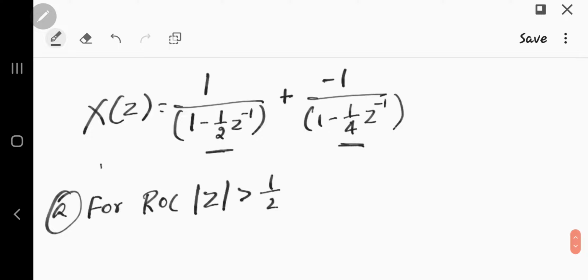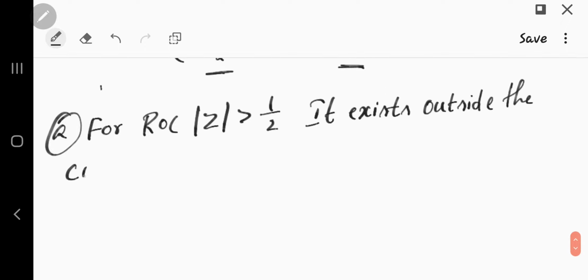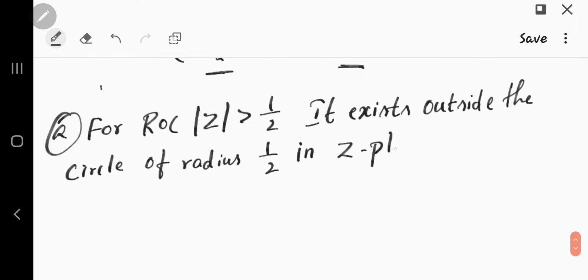Now z greater than 1 by 2 means it exists outside the circle of radius 1 by 2 in the z plane.